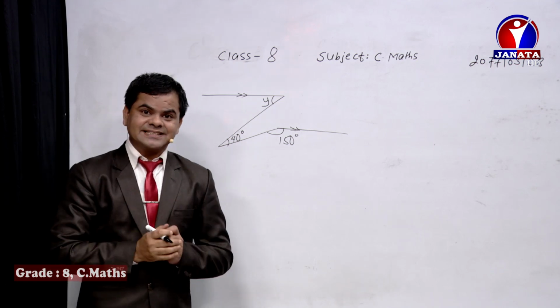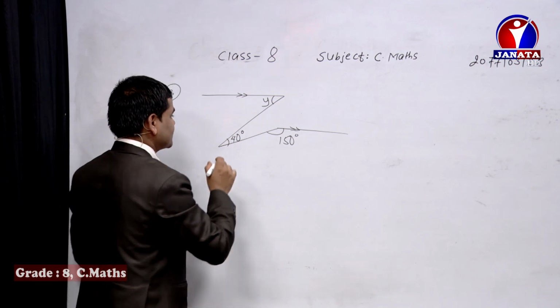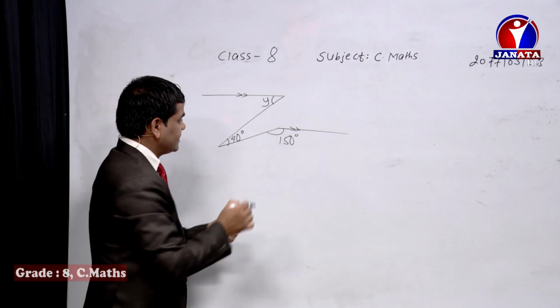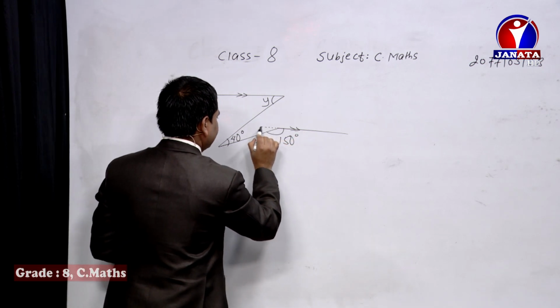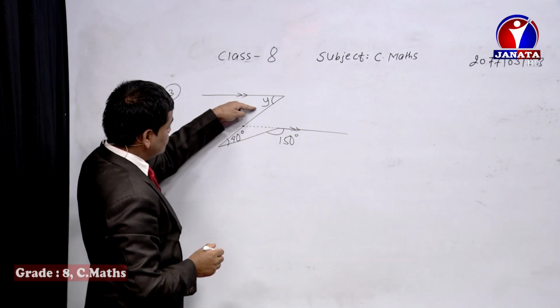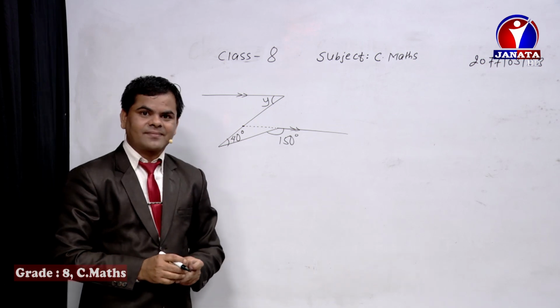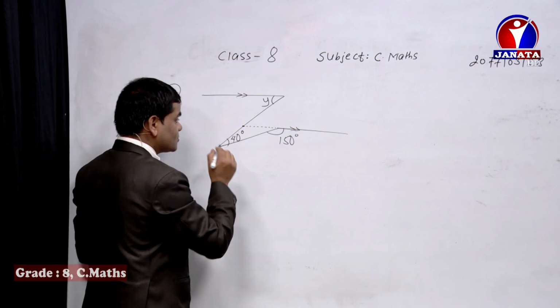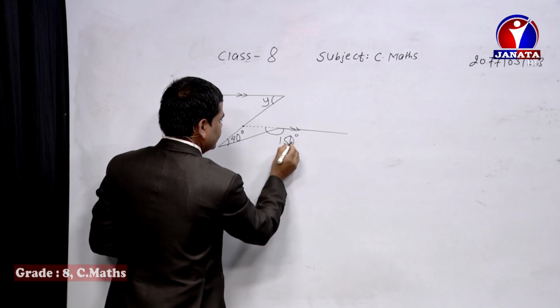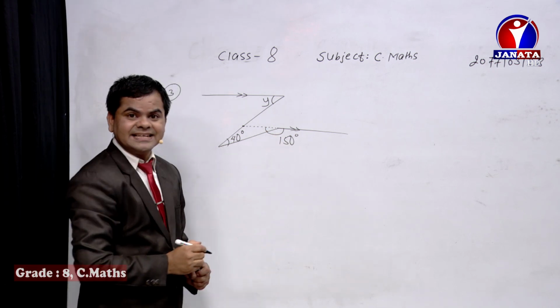I will give you the hints, but try at home by yourself. Just extend this parallel line, dear friend, up to here, to join this straight line. At that time, here will be the sum of supplementary angles, isn't it?